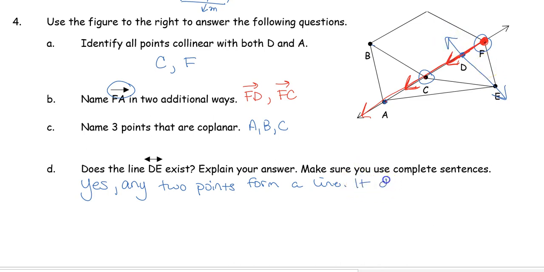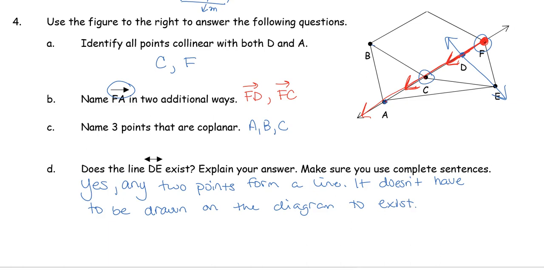So it doesn't have to be drawn in to exist. And if you remember above, we said how many points does it take to make a line, and we said 2. So no matter what, if you have 2 points, you can make a line. Just because it's not drawn doesn't mean it's not going to exist.